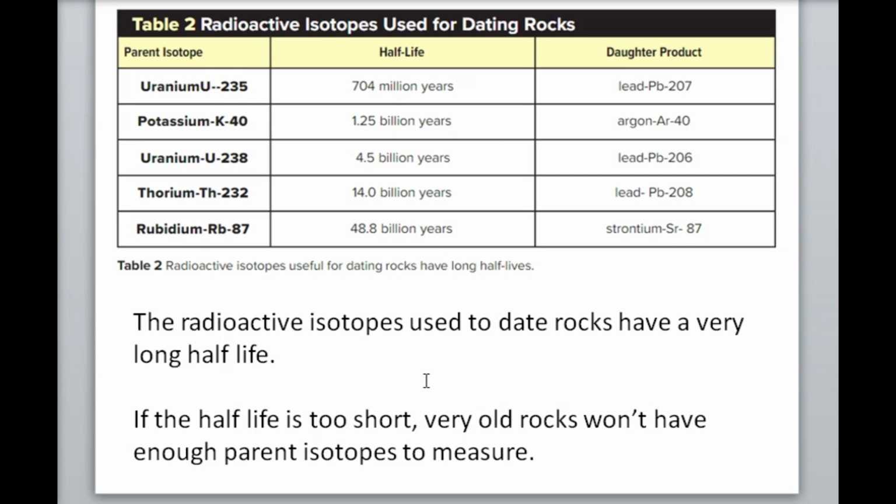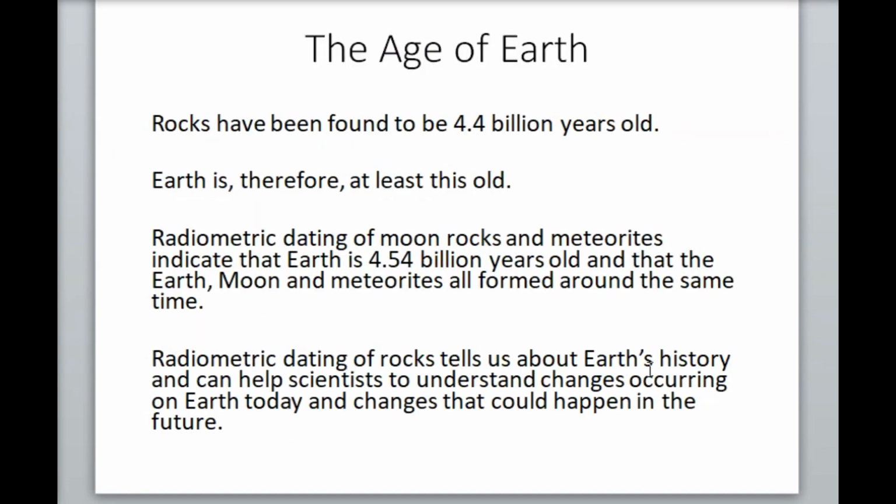And the reason for that is that rocks are so old that if you had a short half-life, there wouldn't be enough of the original parent isotope left to measure it. So for that reason, you need to have a long half-life, so you have a little bit of uranium in there to measure.